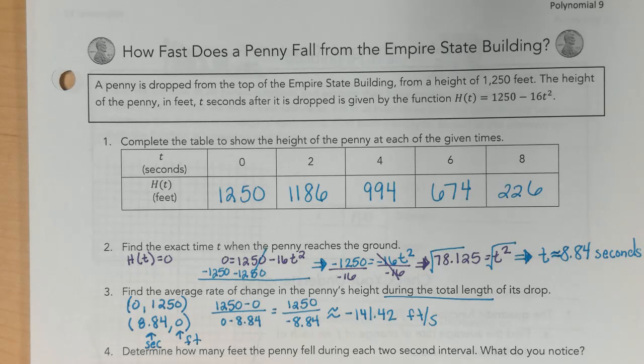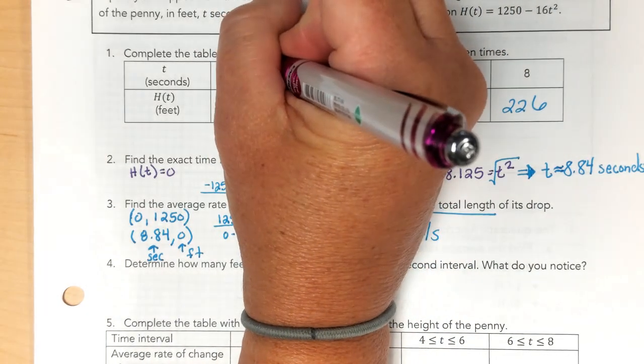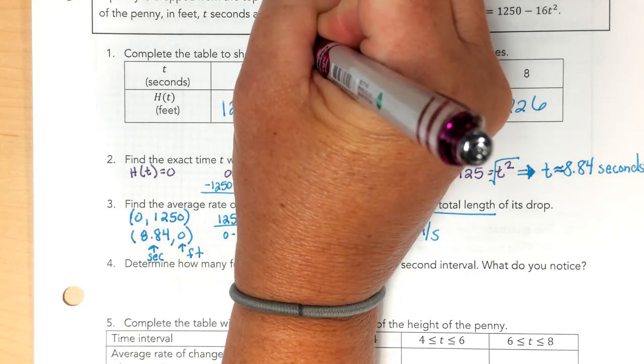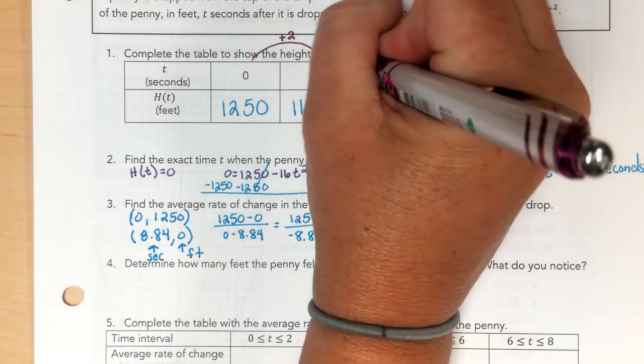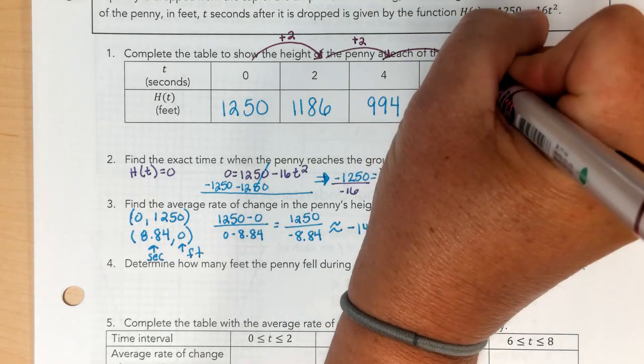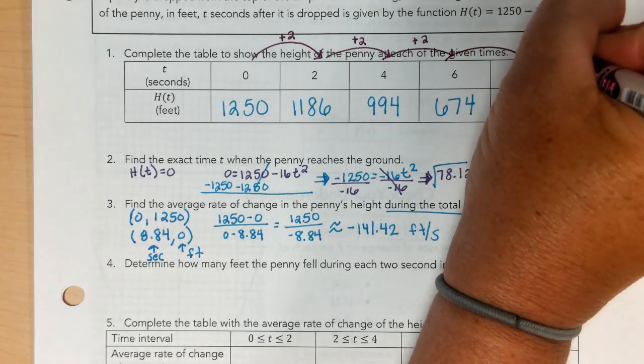So, what happens now? When I go from this interval to here, I'm adding how much? And from 2 to 4, I'm adding. And here I'm adding. So that's all even, right?